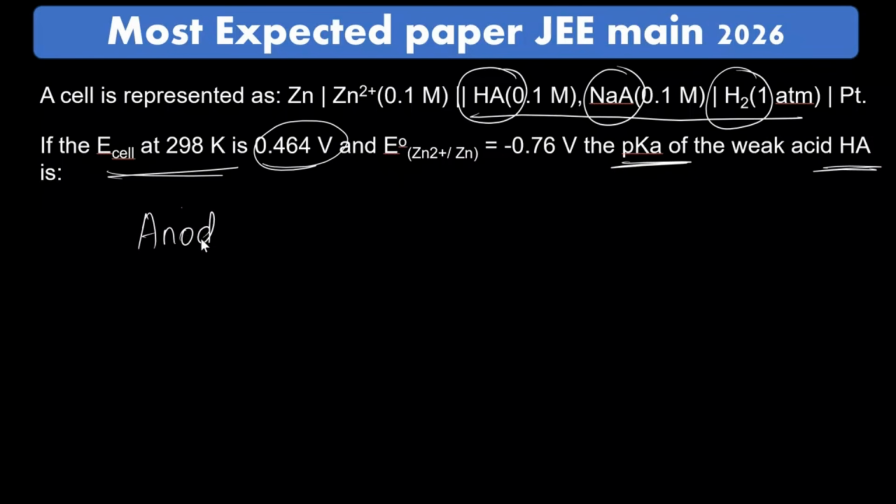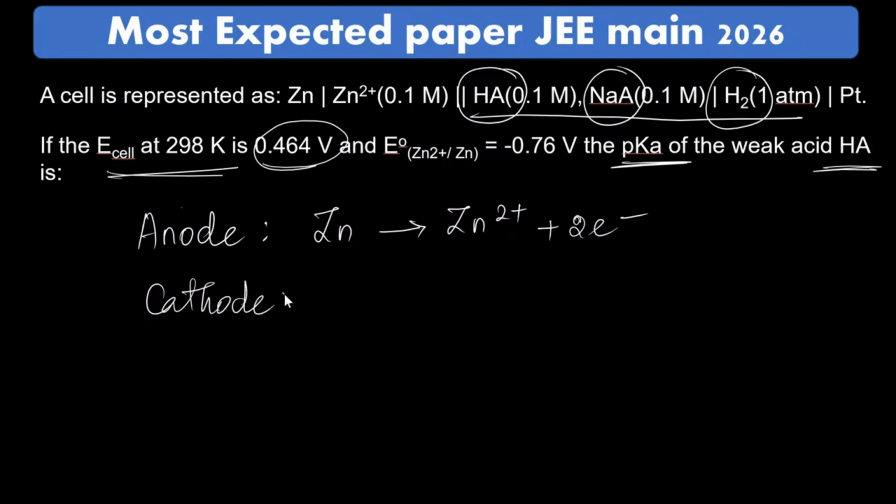Anodic part, the reaction would be zinc, right? Anode means what will happen? Oxidation. So zinc will lose 2 electrons to form zinc 2 plus. Similarly, at the cathodic part, here I have acid. So 2H plus plus 2 electrons, it will release H2 gas, right?